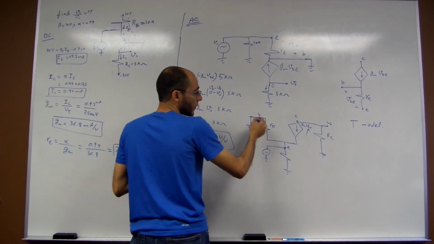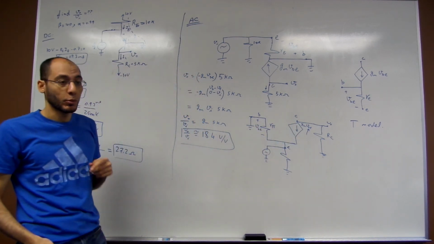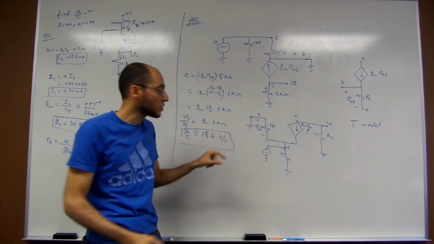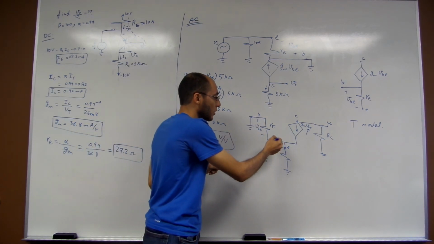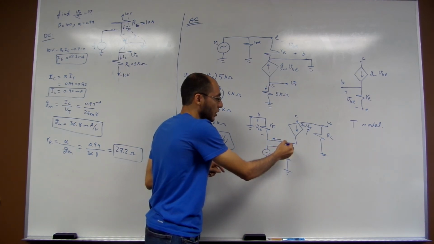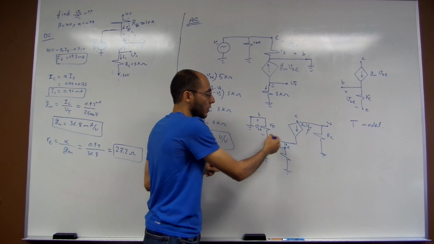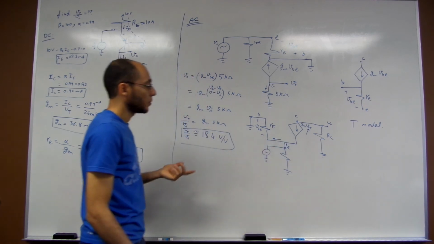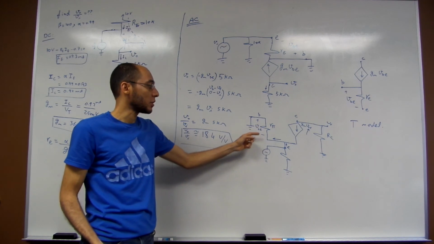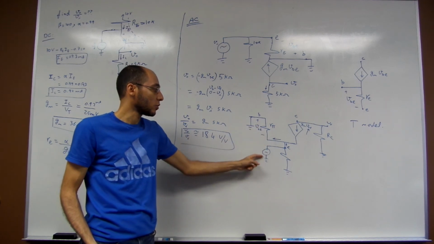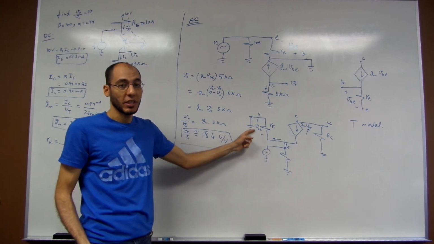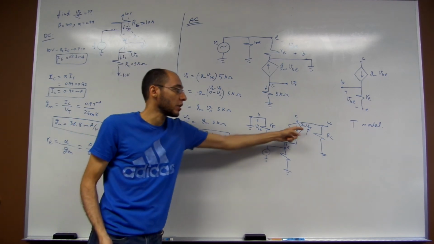VBE is not a direct function of the input. It's the voltage on this resistor. In order to calculate the voltage on this resistor, you have to calculate the current coming here, and then do a current divider rule, and then be able to calculate the value of the current in terms of V input, and thus you'll be able to calculate the value of VBE in terms of V input and then substitute.